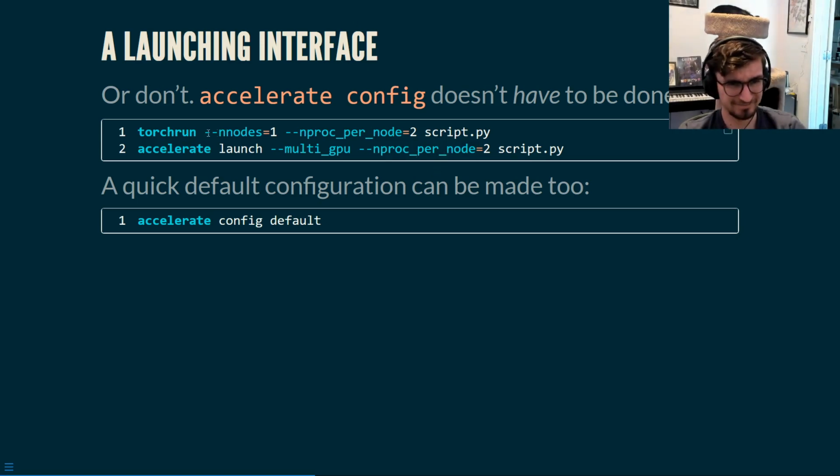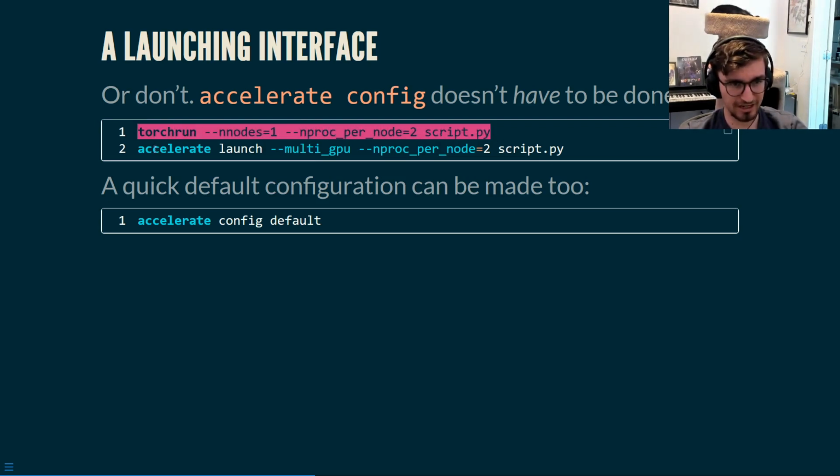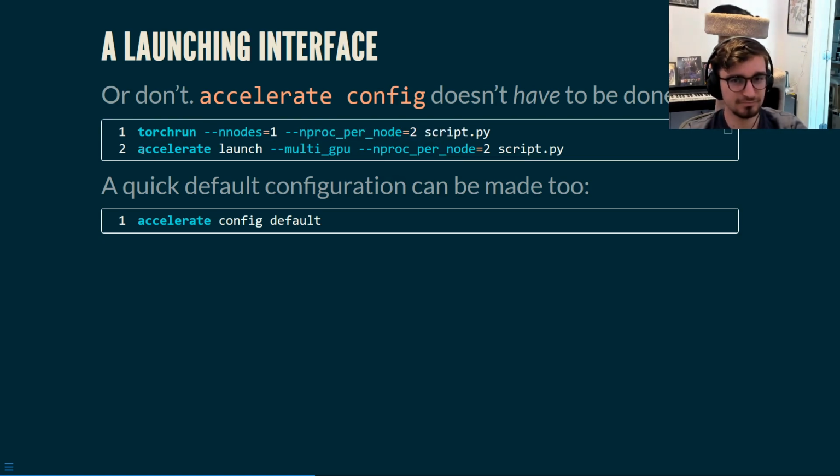I'll make that change in a little bit. But basically, you can write the equivalent torchrun command using accelerate launch by just specifying multi_gpu. So I say torchrun, nnodes 1, nproc_per_node 2, script.py, and I can do accelerate launch multi_gpu. It should say num_processes equals 2 and script.py.